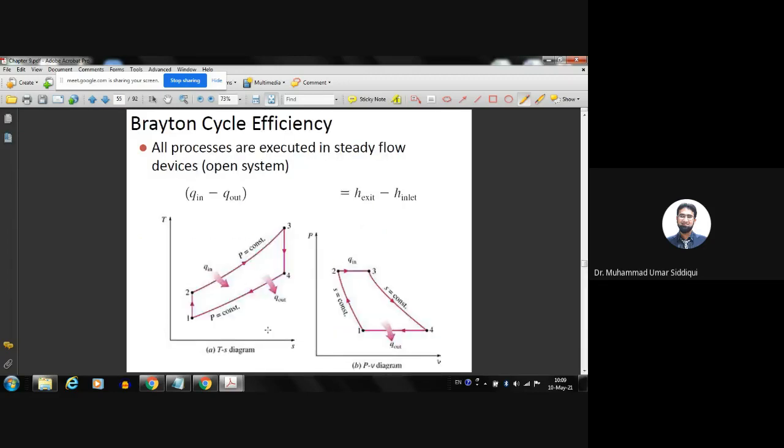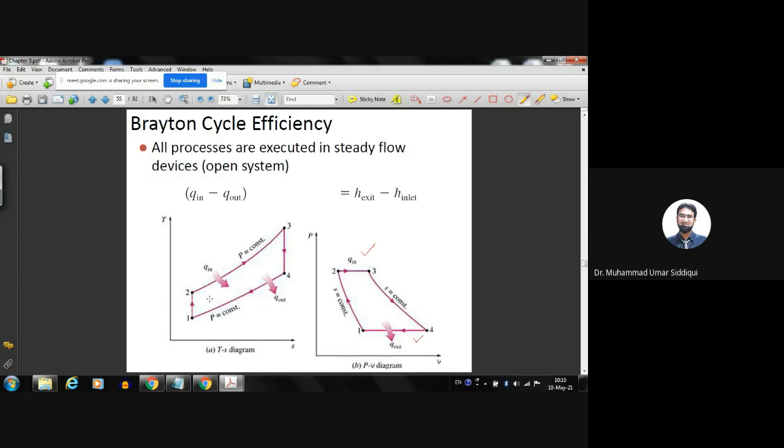We have two very important diagrams here: the PV diagram and the TS diagram. In the PV diagram, as I mentioned before, in the Brayton cycle we don't have any vertical line, since we have two constant pressure processes, constant pressure heat addition and constant pressure heat rejection. So they will be horizontal lines, joined together with isentropic lines for compression and expansion.